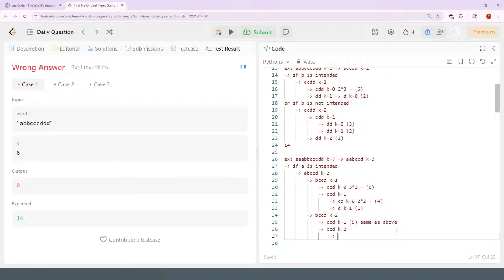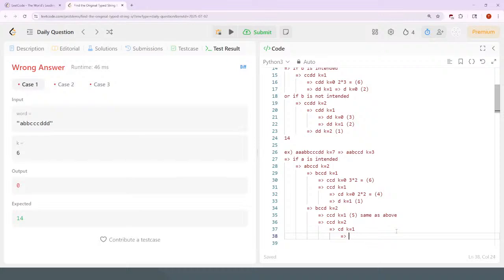Here the first C is intended, so CD K equals 1. Which should boil down to: if the first C was intended, then DK equals 0, which is 2.